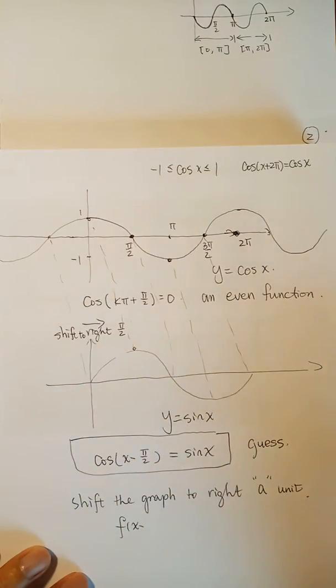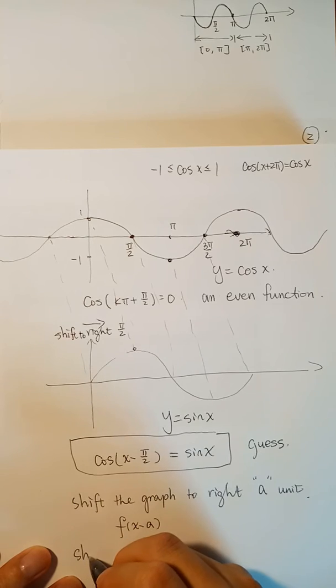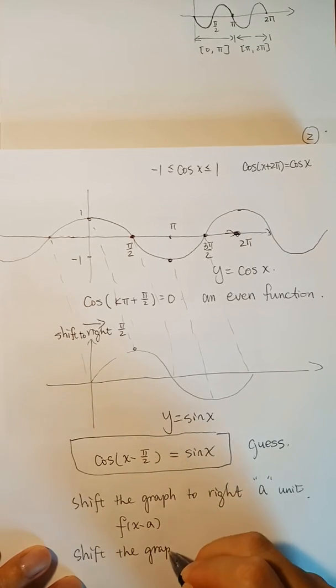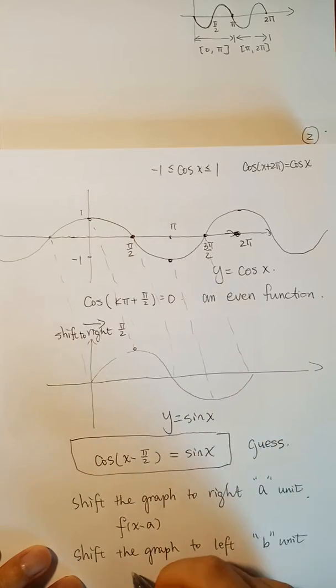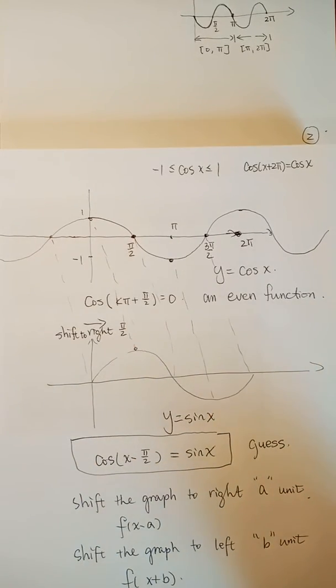Shifting the graph to the right a units is f of x minus a. Shifting the graph to the left b units is f of x plus b. So you just manipulate the x coordinate: to the right, minus a; to the left, plus b.